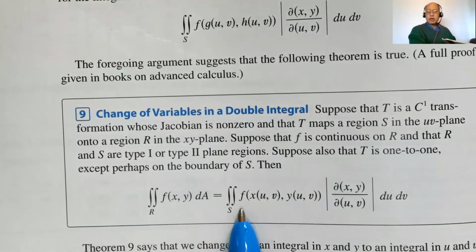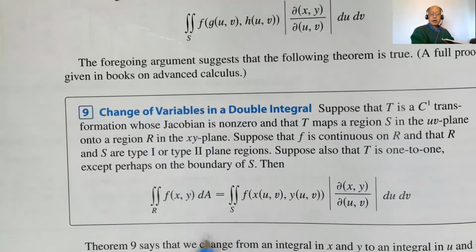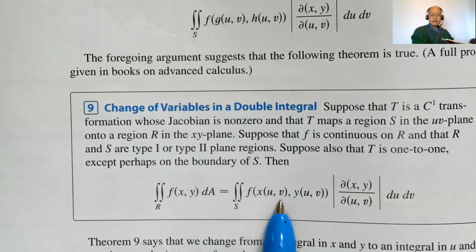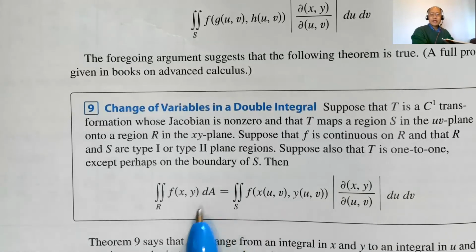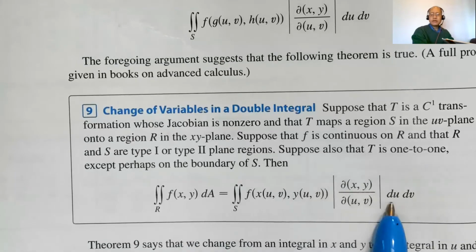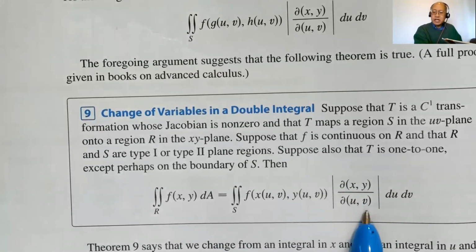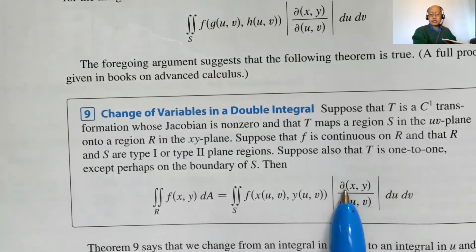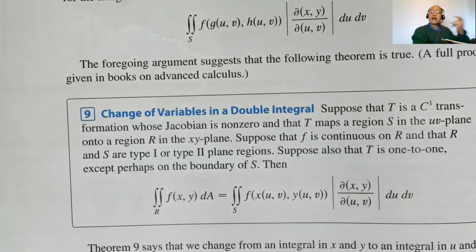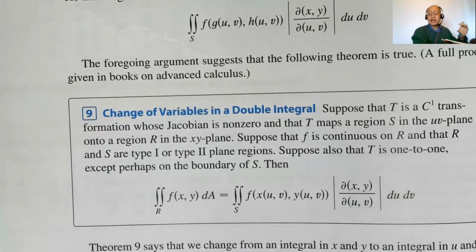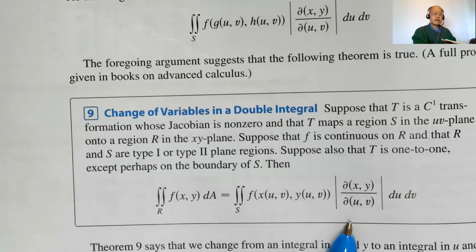So they will give you a definition of x as a function of u and v, y as a function of u and v. So dA, dx dy becomes du dv times the extra multiplication factor, which is the absolute value of the Jacobian. So that's like u equals x cubed, du equals 3x squared dx. That 3x squared is your Jacobian. It's the extra multiplication factor that you have.